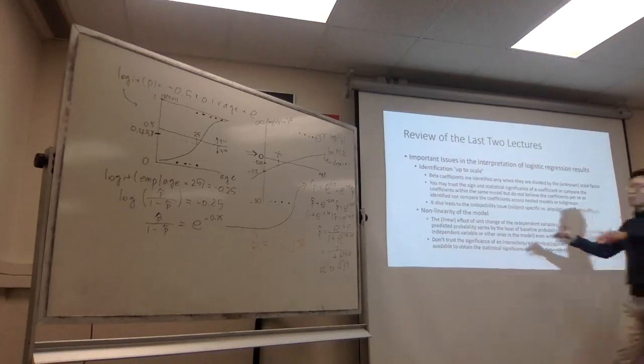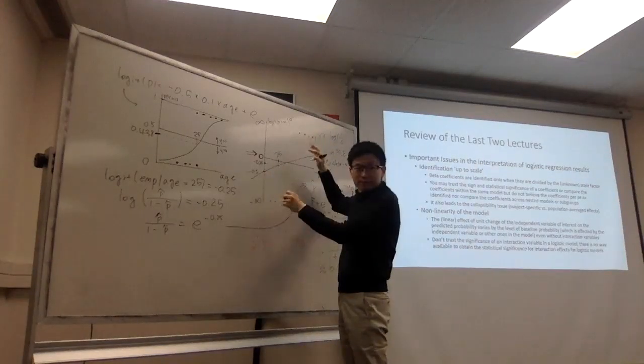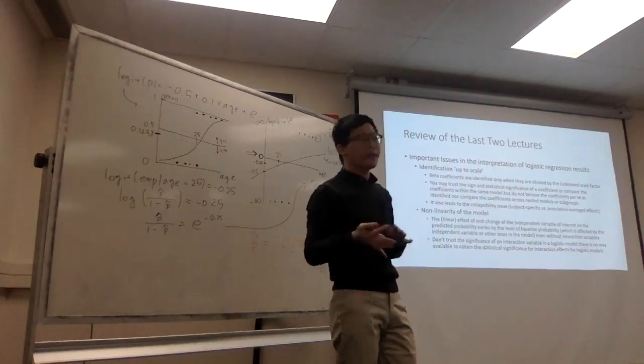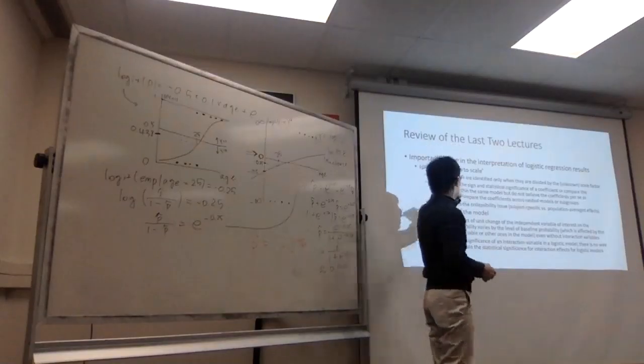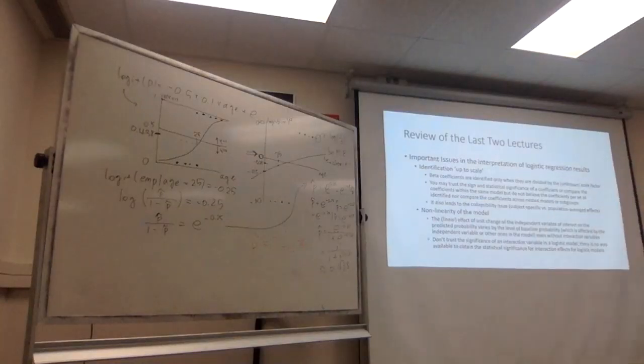So the slopes can be really anything, unless the variance of the error term is fixed. That's the reason why beta coefficients are identified only when they're divided by the unknown scale factor. The scale factor means the proportion of the true variance divided by the fixed amount of variance.